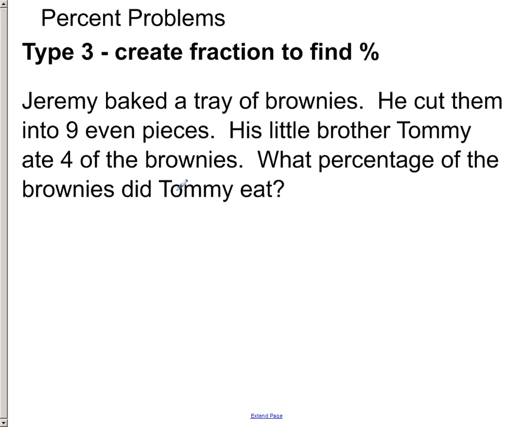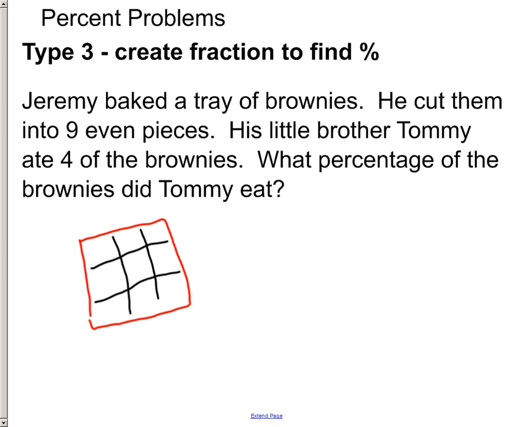Now here's type 3. Jeremy baked a tray of brownies, and I've got this square glass baking tray at home, or baking pan, or whatever you want to call it. And usually it's big enough to where I can slice the brownies into 3 rows, and each row has 3 brownies. And that's what Tommy did here, okay?